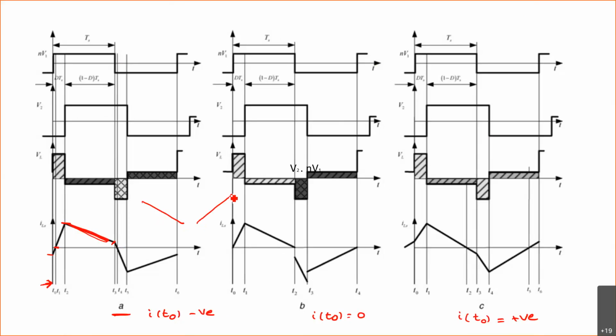It means the inductor current may be increasing or decreasing, and that all depends on the relation between V2 and N V1. Here V2 is greater than N V1, therefore the current is increasing. If it is the other way, the current will decrease.